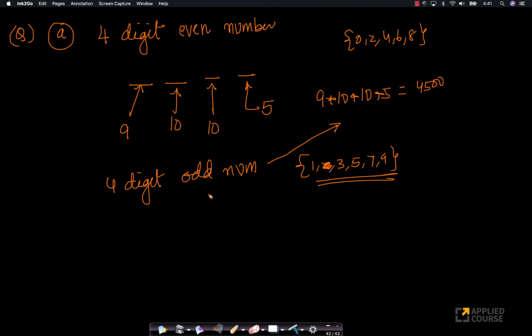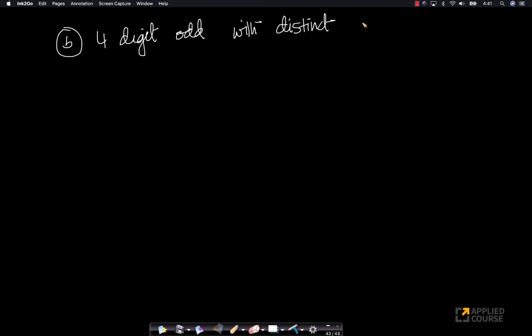Very simple. Now let's make this problem slightly more tricky. So I want 4-digit odd numbers with distinct digits. Right? With distinct digits. This is a slightly more intricate case.